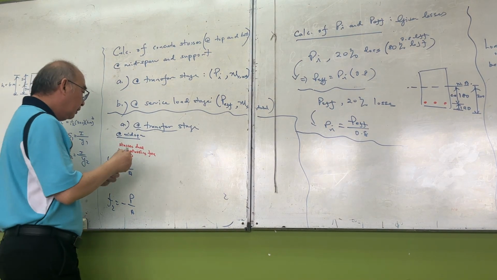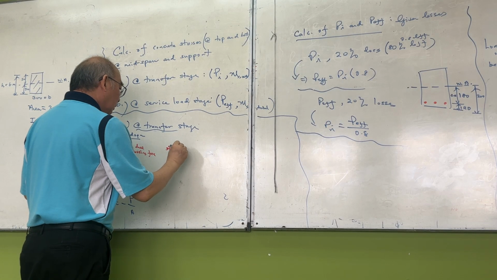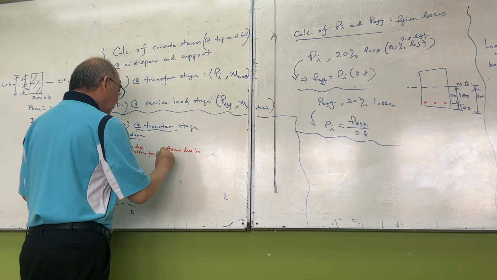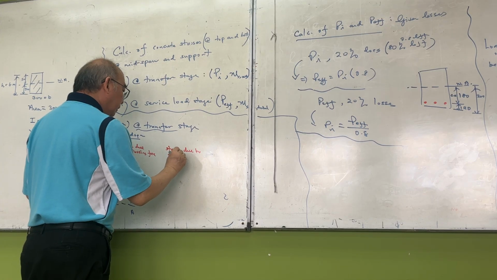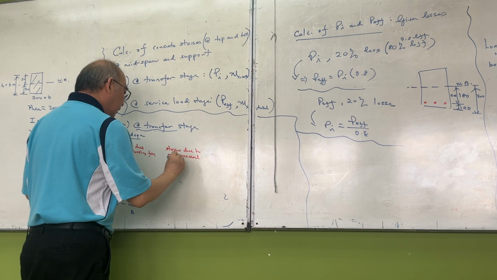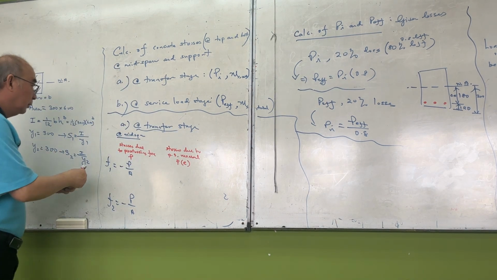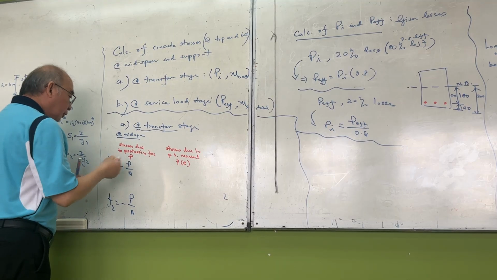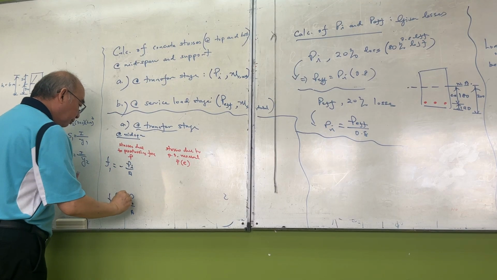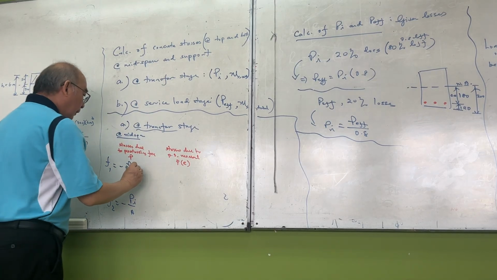So the second term is stresses due to pre-stressing moment. The pre-stressing moment is calculated as P times eccentricity. Because it's the transfer stage, I use the P initial.